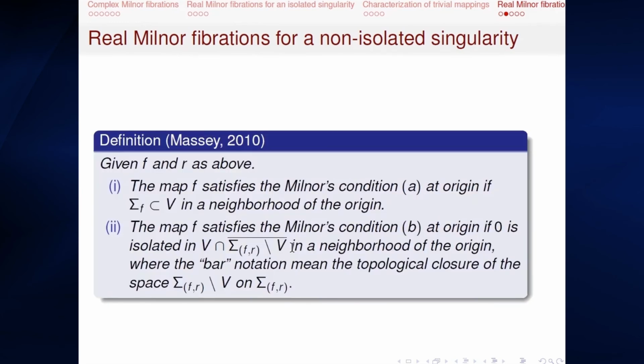Let us introduce Milnor's conditions A and B. f satisfies the Milnor condition A at origin if sigma f is contained in V in a neighborhood of the origin. f satisfies the Milnor condition B at origin if 0 is an isolated point in this intersection.